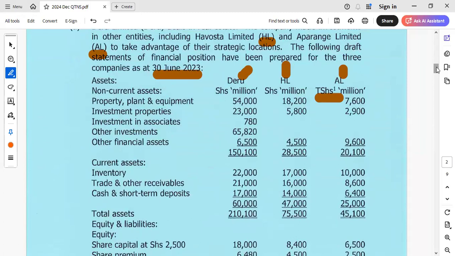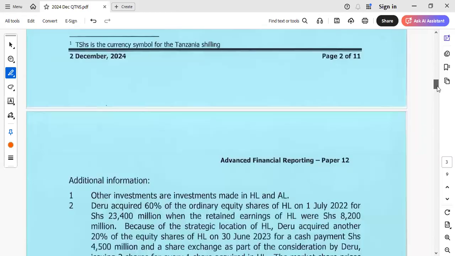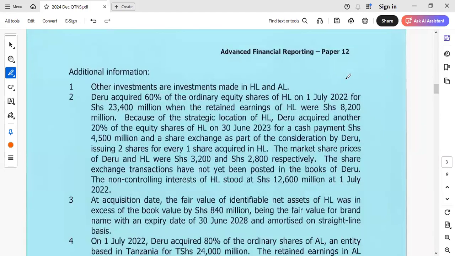Remember, you can only consolidate if the parent holds 50 or more in the other entity. So we want to see what we are told, just for purposes of the group structure.